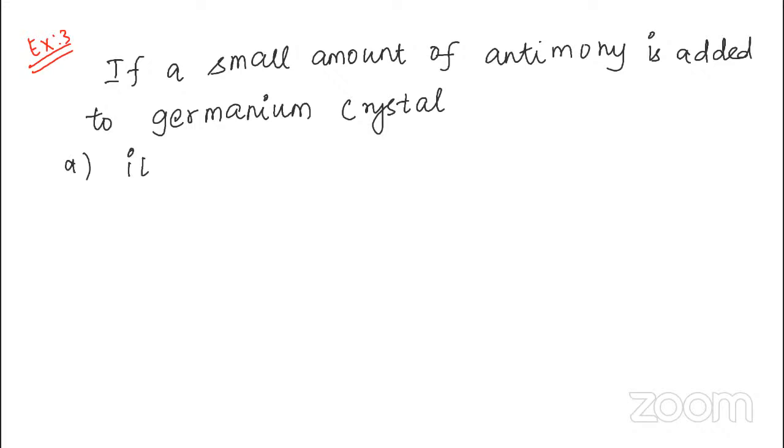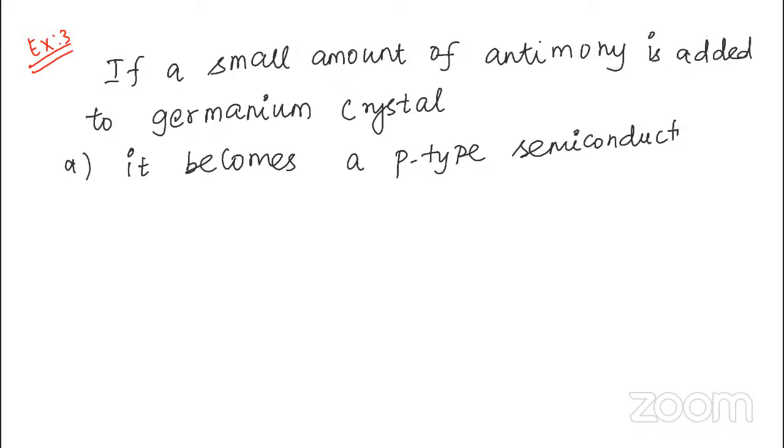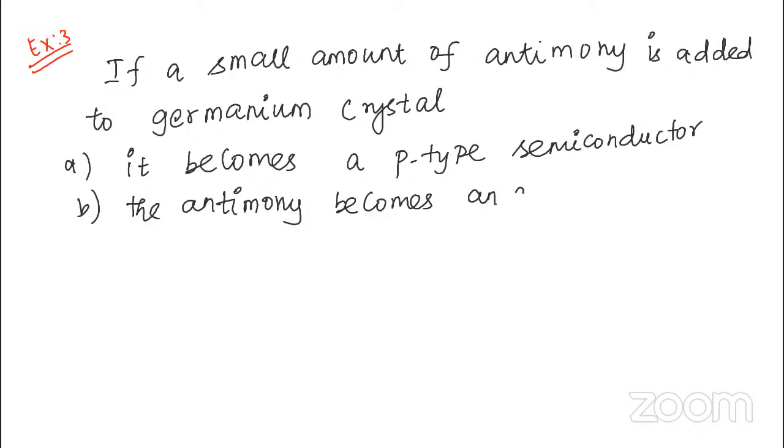A: it becomes a P-type semiconductor. B: the antimony becomes an acceptor atom.